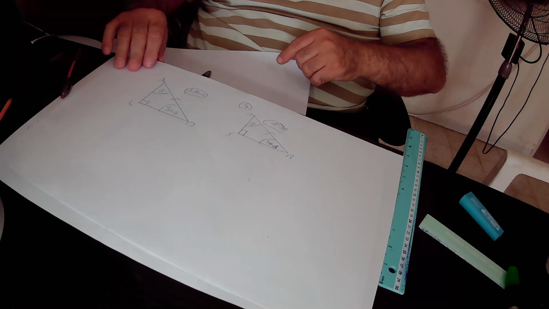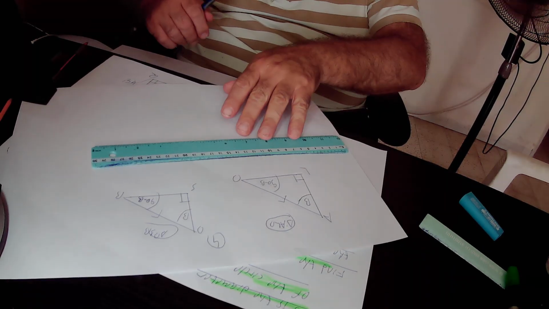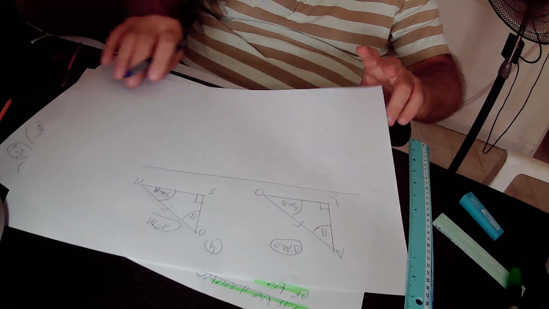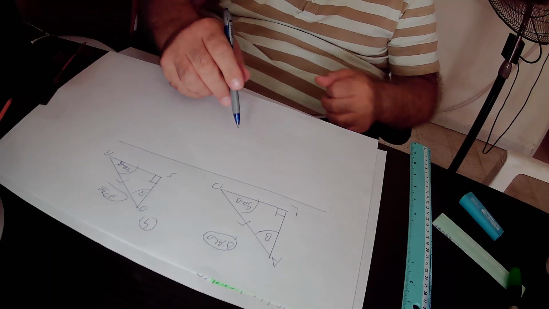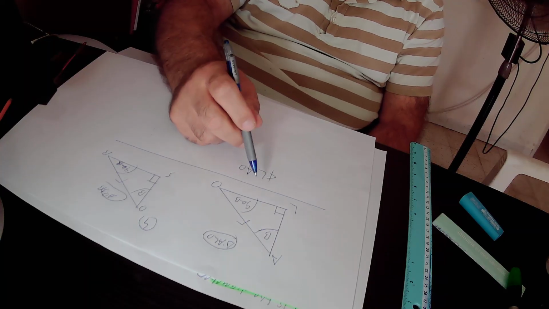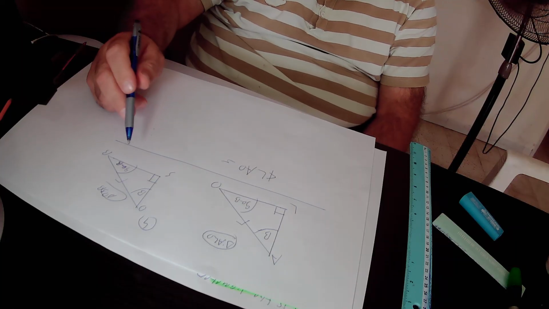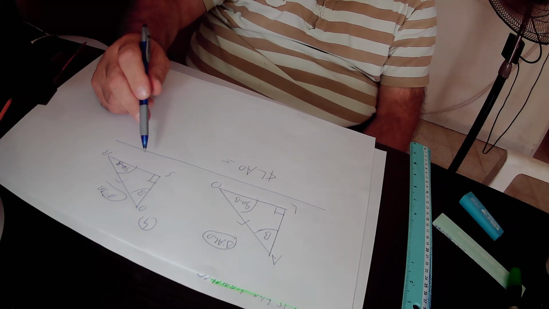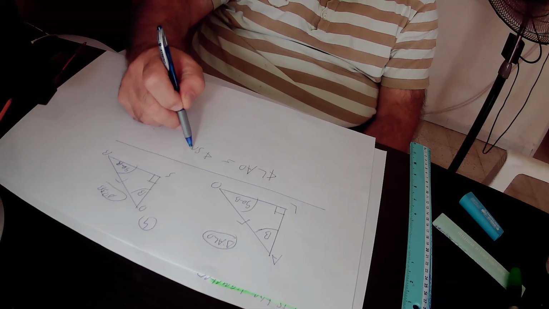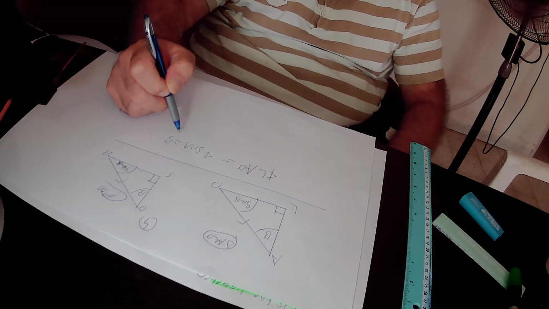So write it down: angle LAO is equal to angle SOB in the right triangle OSB. They are both equal to beta and therefore they are equal to each other.